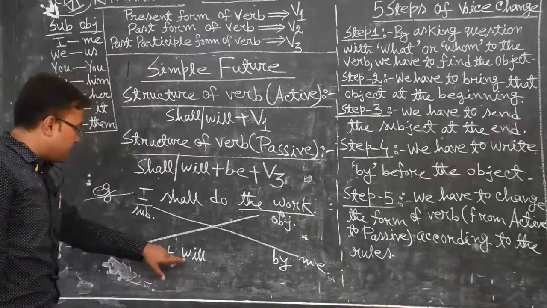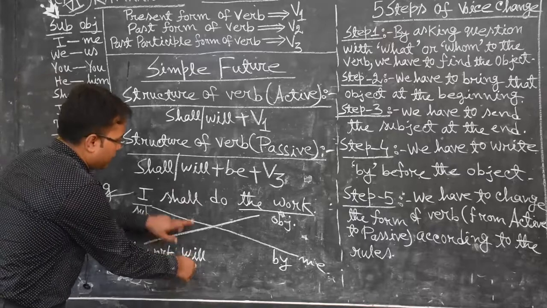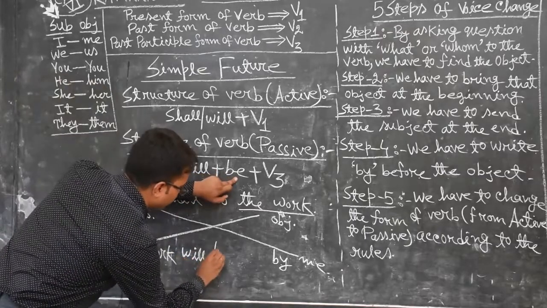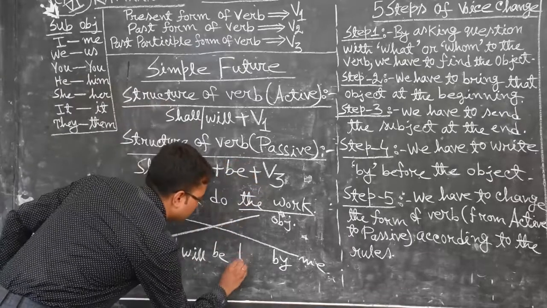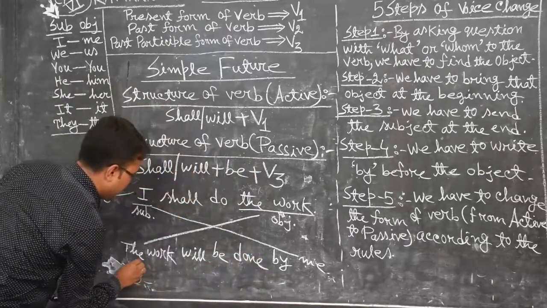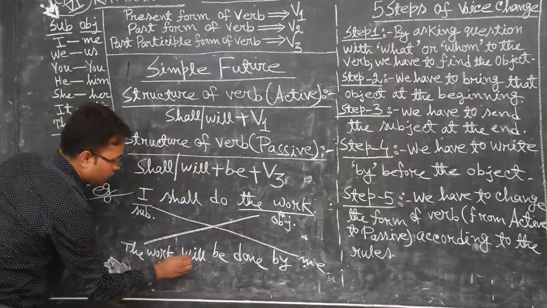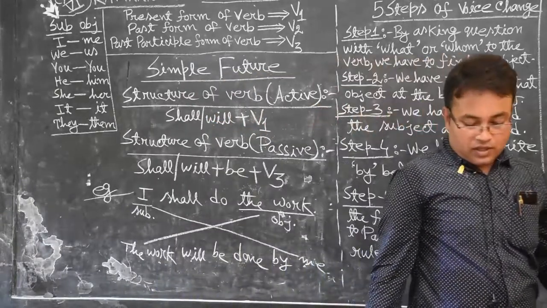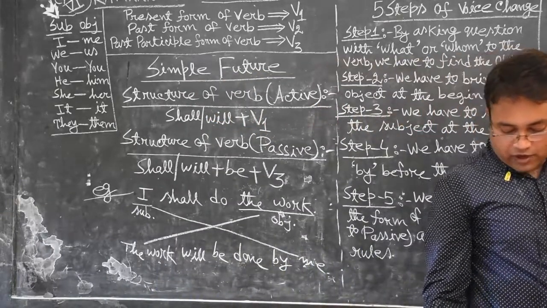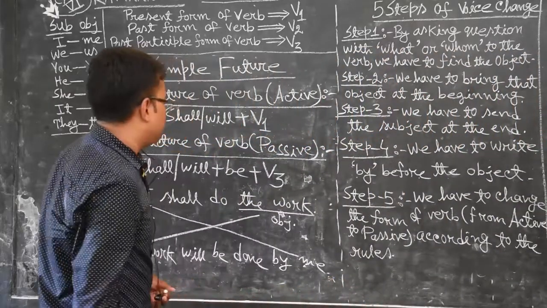So we will write here the work will be V3: do, did, done. The work will be done by me. Okay, next.